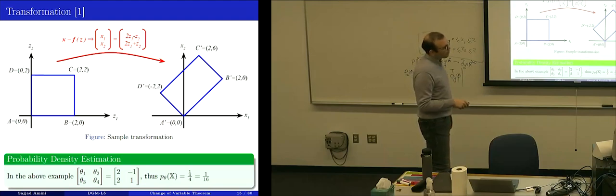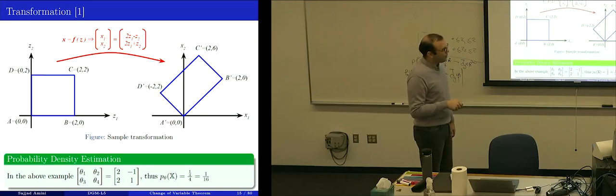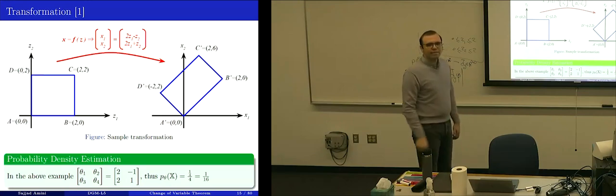And where does this 4 come from? From these theta 1, theta 2, theta 3, and theta 4. If you calculate them, you will reach the number 4, and you should divide the 1 over 4 by 4, which results in 1 over 16. This is the valid distribution in your target.